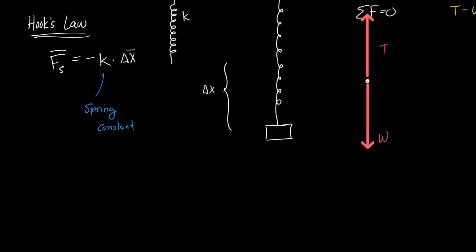The spring provides a force that's in the opposite direction of the direction it's stretched or compressed. Springs work in both directions. You push in on a spring, it pushes back out. You pull out on a spring, it pulls back in. That's why there's a negative sign there. If you displace a spring downwards, it pulls upwards. If you displace a spring upwards, it pulls downwards.